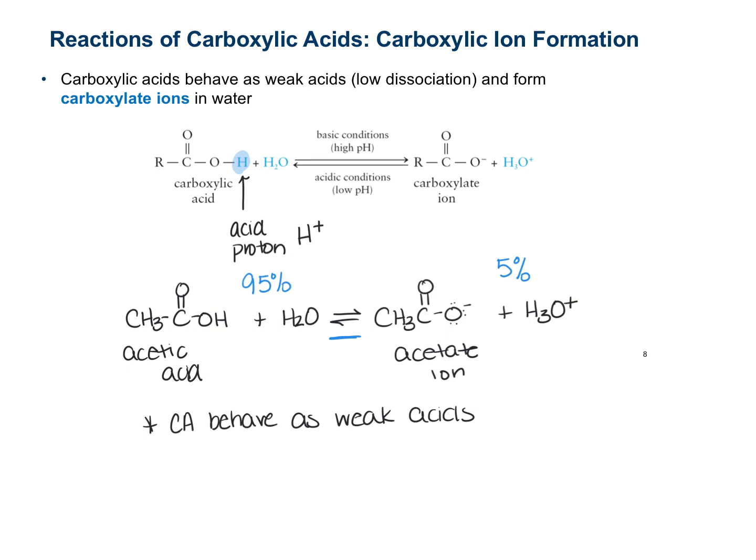So we say it's only about 5% dissociated. And basically, I want to remind you, the more H3O+ that is formed in reactions like this, the more acidic the compound is.